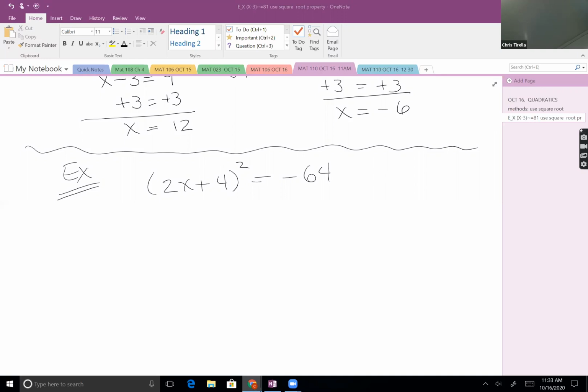But being that, does everybody see the left-hand side is a perfect square? I've got this binomial squared, and the right-hand side is a constant. I'm going to use my square root property.